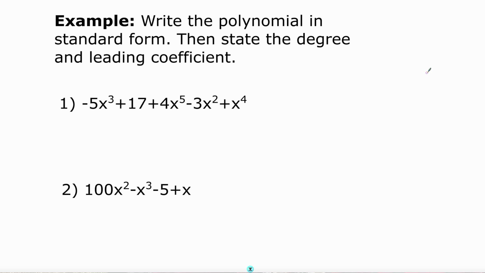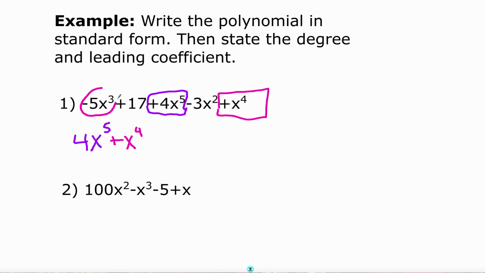For an example, it says to write the polynomial in standard form. I look at my highest exponent, which would be the x to the 5th. I keep the coefficient with it, 4x to the 5th. The next highest exponent that I see is the 4th power here, so plus x to the 4th. The next highest exponent I see is this x cubed, the 3rd power, so minus 5x cubed.